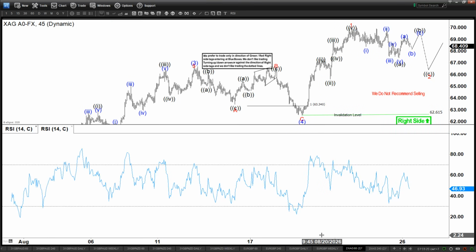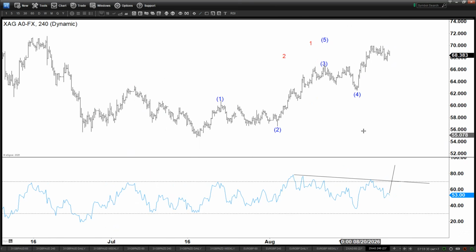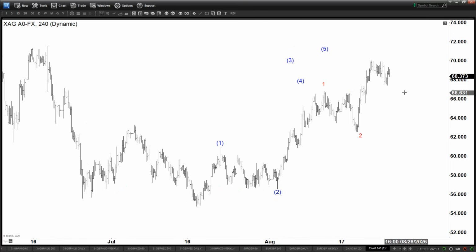If that happens, you can see in the 1 hour also this divergence right here. If the divergence completely gets erased and the momentum becomes strongest again, then you will switch the count to become a nest at that moment. But until then, this is a better and a higher probability count, right, for now.